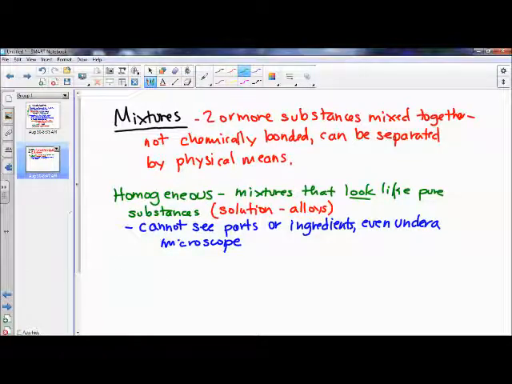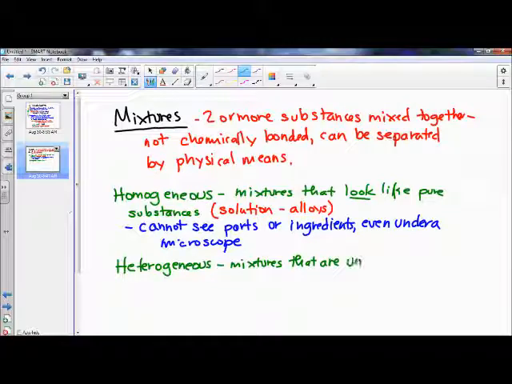The other type of mixture is called heterogeneous. These are mixtures that are uneven, right?